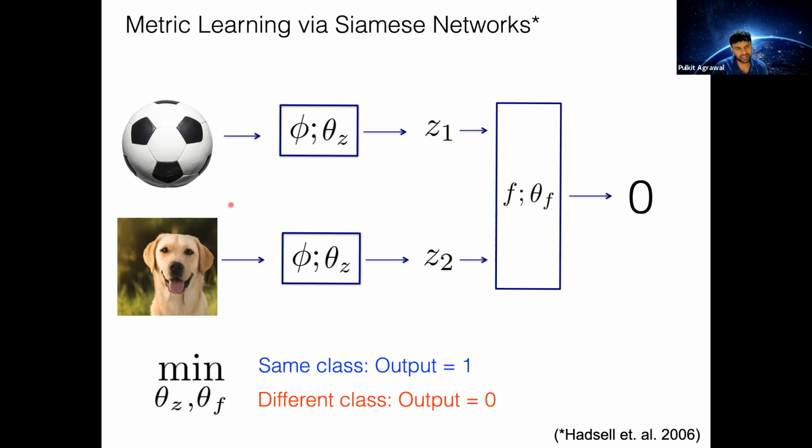Why is it called metric learning? Because essentially this is giving you a distance function between these two images. Typically the output of the network is a continuous value from 0 to 1, which gives you some notion of distance. So we're trying to understand what images are close to each other and what are far away from each other.